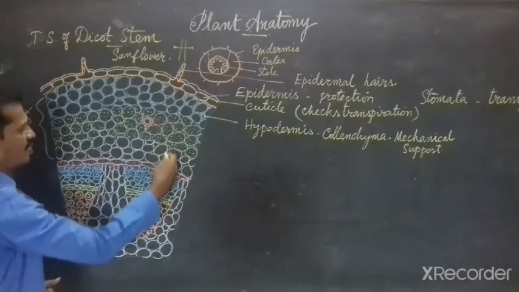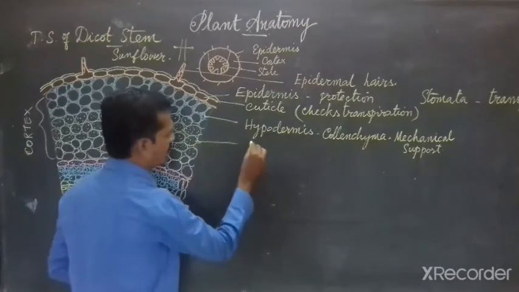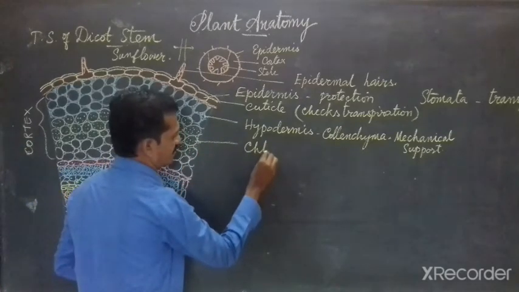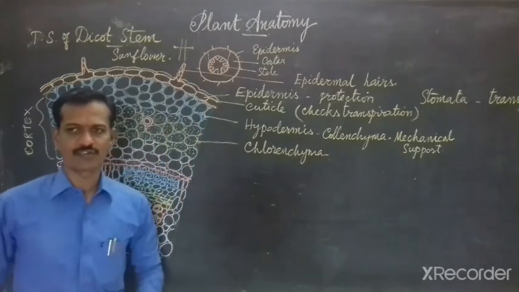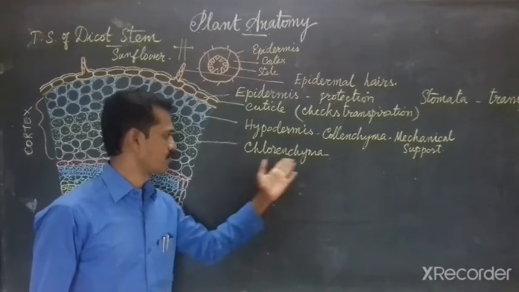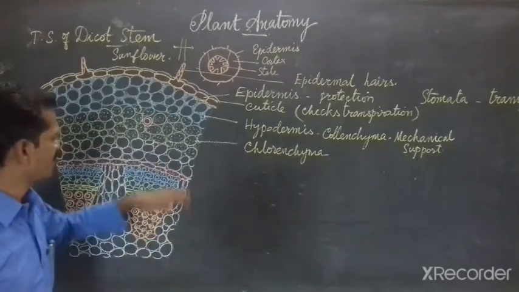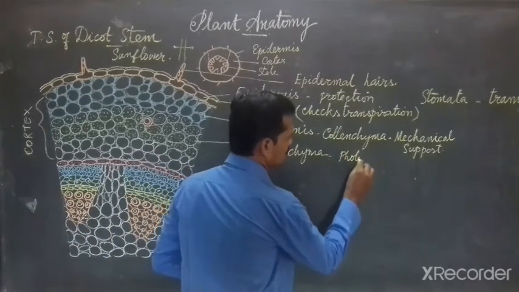Then below the hypodermis, a few layers of parenchyma are seen. This parenchyma is filled with chloroplasts, so it is involved in photosynthesis.